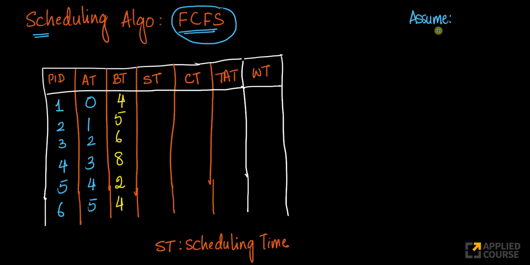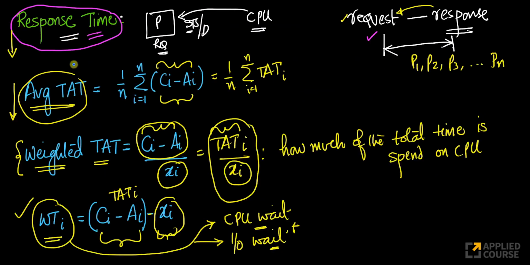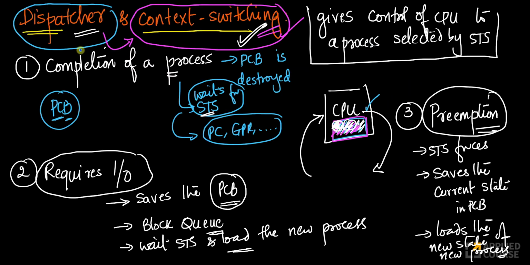So here we'll assume that there is no input output. Okay, that's one assumption. We'll also assume that, remember, there is some time that is taken by context switching. Whenever my dispatcher performs context switching, it takes some time, because during the process of context switching, the dispatcher has to remove a process from the CPU and assign a new process to the CPU.